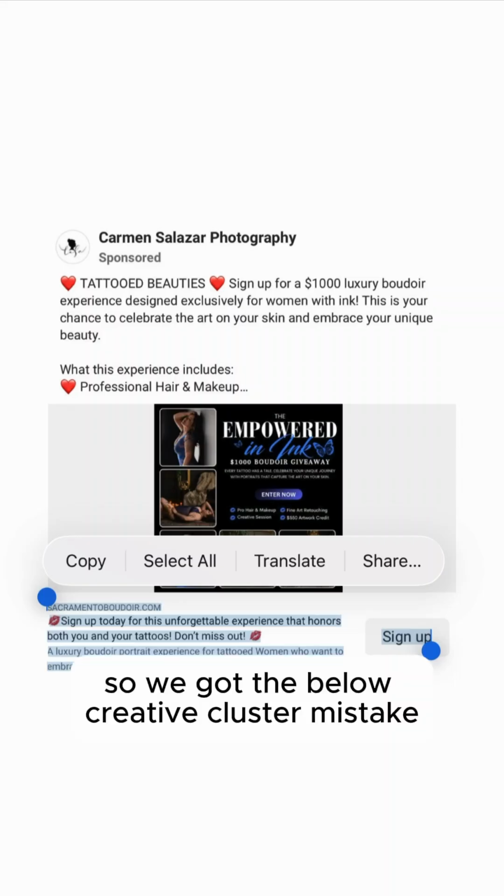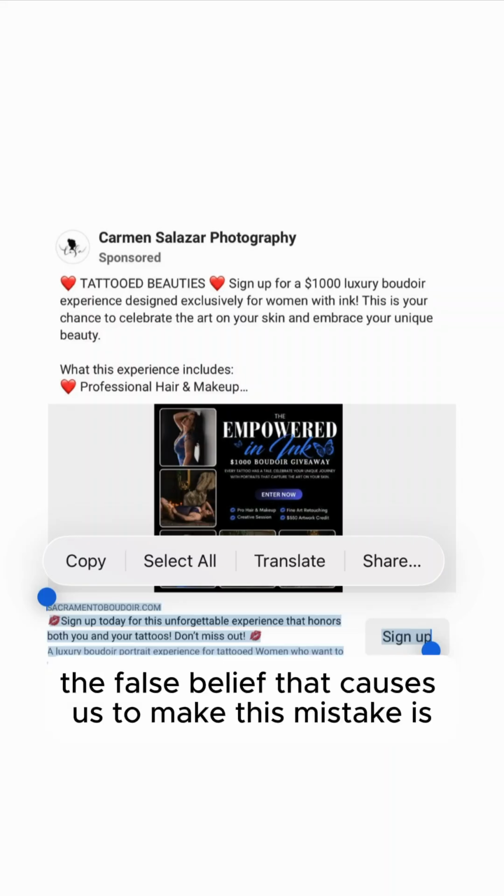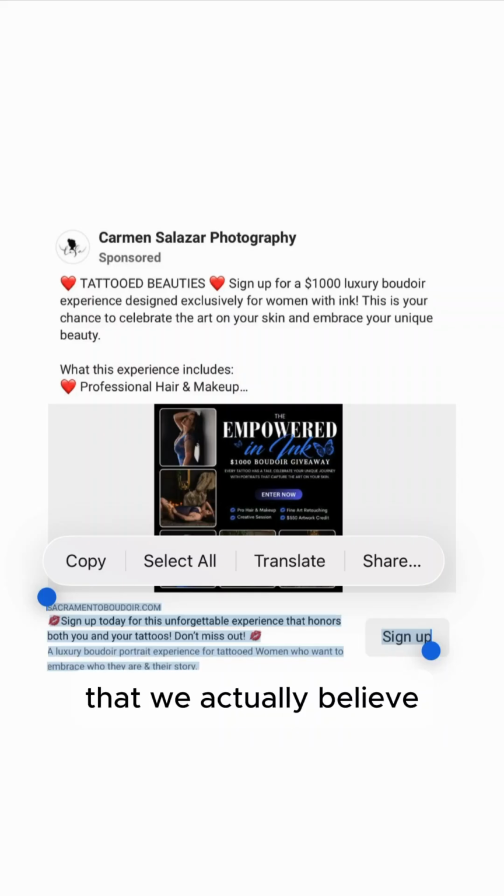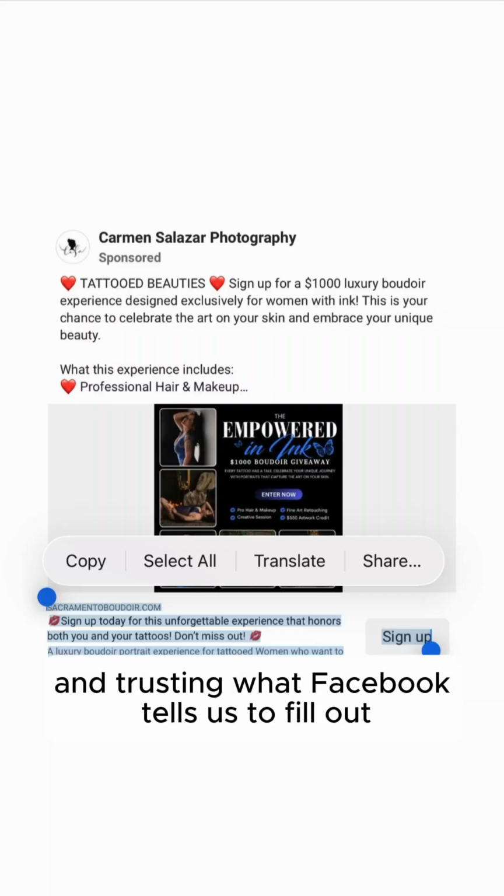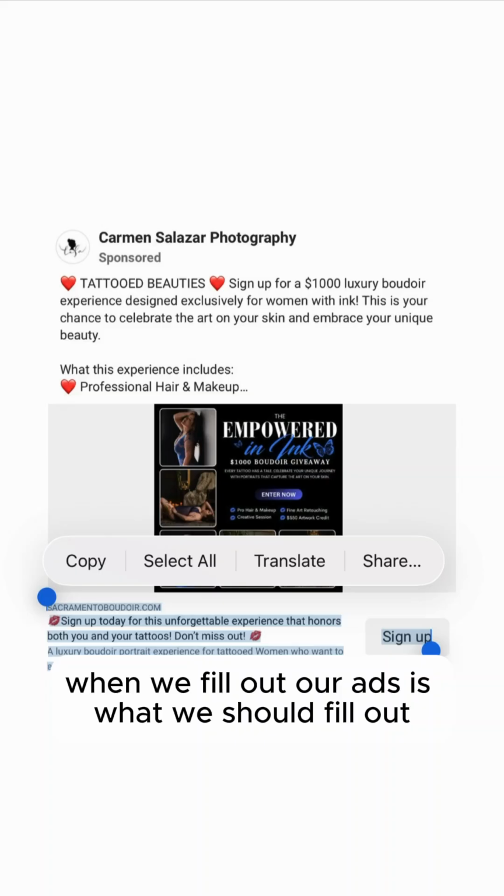So we got the below creative cluster mistake. The false belief that causes us to make this mistake is that we actually believe and trust what Facebook tells us to fill out when we fill out our ads is what we should fill out.